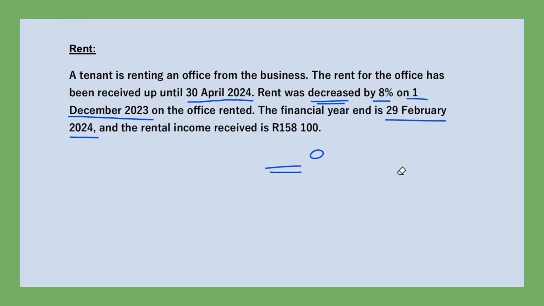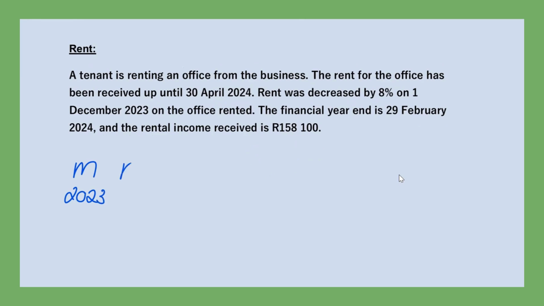So what I normally do, because I'm scared I miscount the months, is put down the months concerned. Our year ends the 29th of February 2024, which means it begins in March 2023.